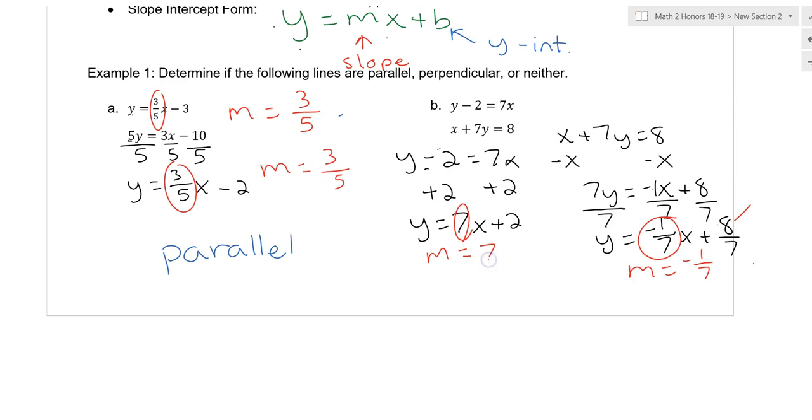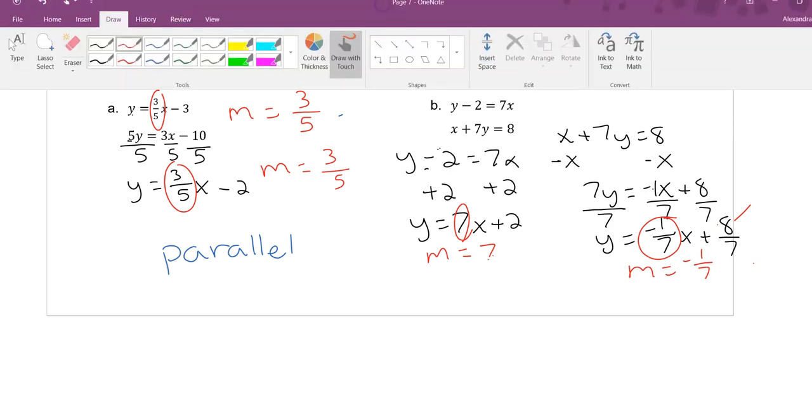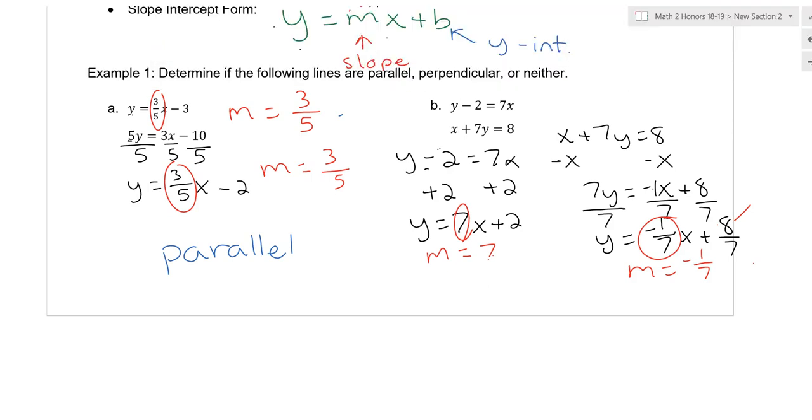So 7 to negative 1/7, the sign did change, so they are opposite. And then 7 does flip to 1/7, so they are also reciprocals. So these are perpendicular. Okay.